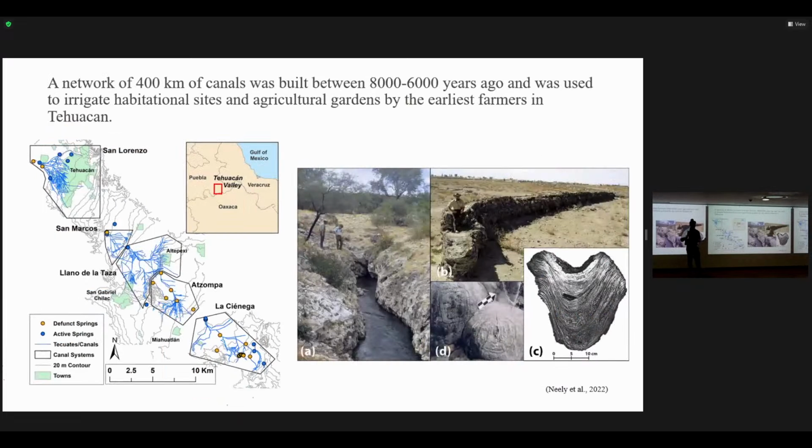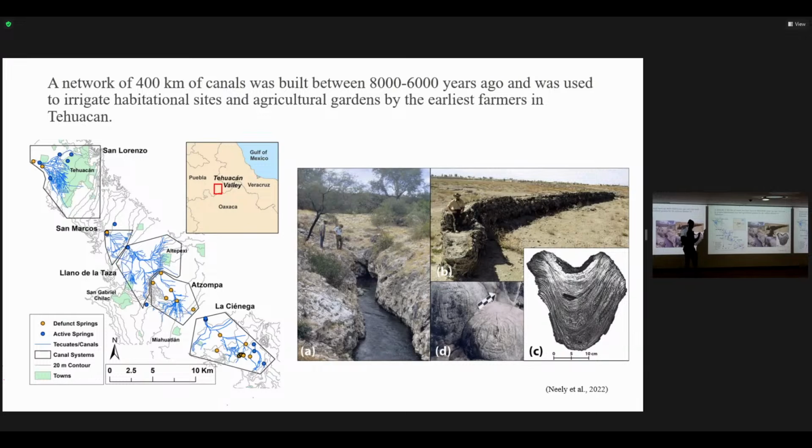And trying to go further on this, trying to understand what were the agricultural conditions in the Tehuacan Valley 5,000 years ago, we found this research of these archaeologists, and they show that it was a very complex irrigation system that was built between 8,000 to 6,000 years ago.